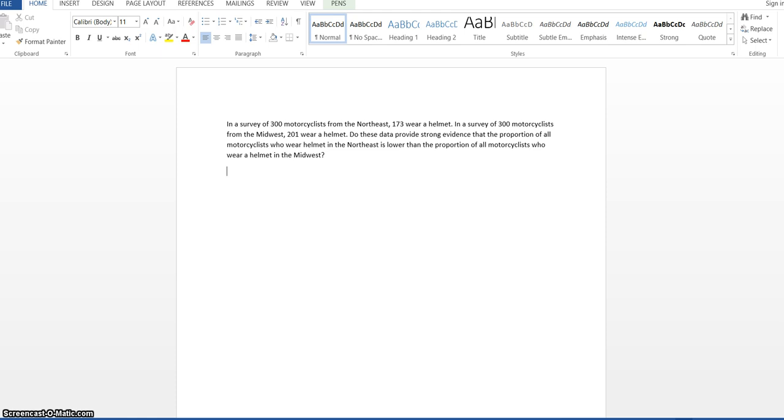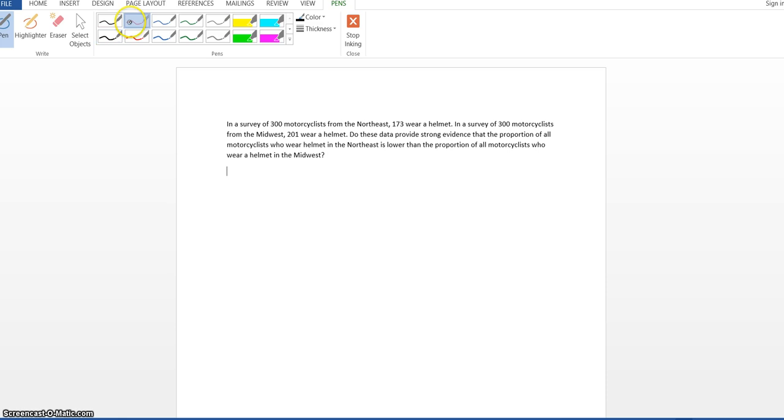Okay, so once again, we need to start by making our hypotheses. So, do these data provide strong evidence that? Here's my alternative hypothesis. The proportion of motorcyclists who wear a helmet in the Northeast is lower than the proportion of motorcyclists who wear a helmet in the Midwest. Okay, so we need to label our two proportions.